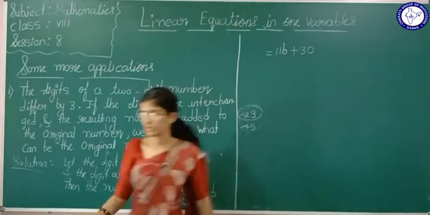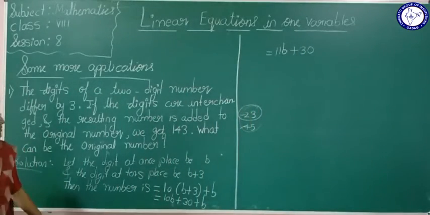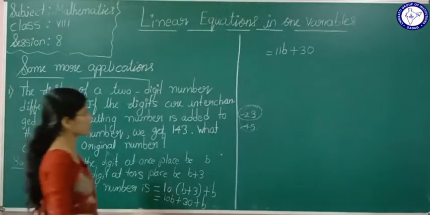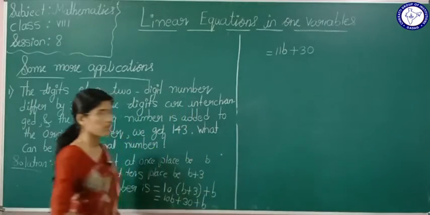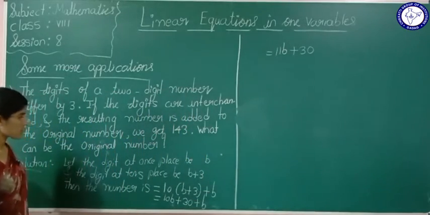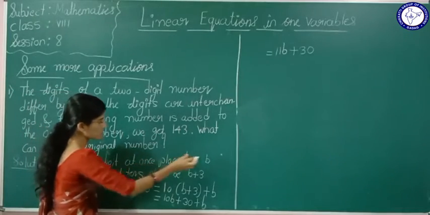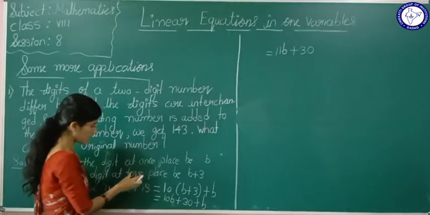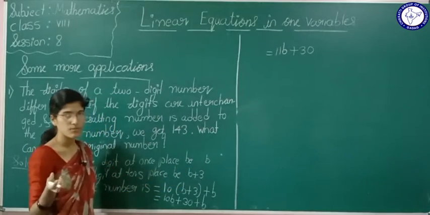Now see, if the digits are interchanged, it means at tens place this b will be there, and at ones place this b plus 3 will be there.